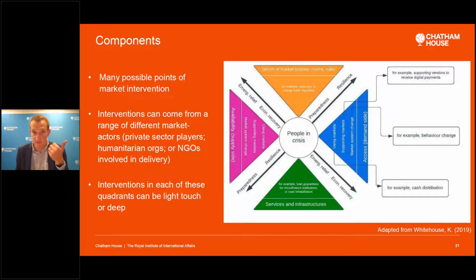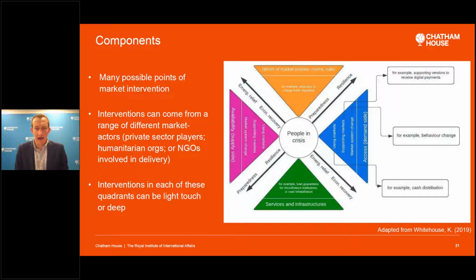So you could think about reform of market policies, you could think about access on the demand side, you could think about services and infrastructures, and you could also think about availability on the supply side, basically. And it goes without saying that in each of these areas you can accommodate very shallow market interventions, or you can accommodate very deep interventions, and all of these can be performed by different players.